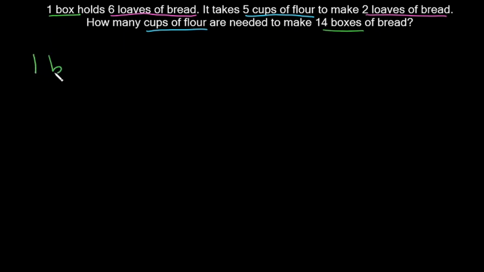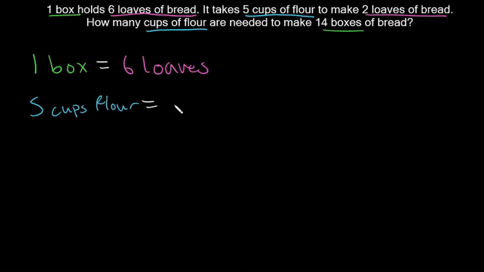We have 1 box, and that's going to be equal to 6 loaves. And then we also have 5 cups of flour to make 2 loaves. So 5 cups of flour is going to be 2 loaves.